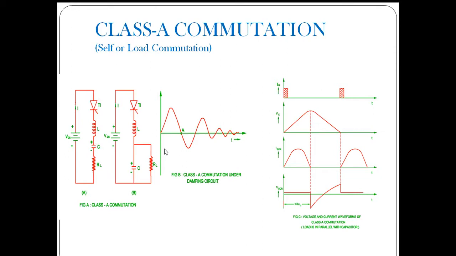The capacitor charges up to the maximum value of the supply voltage, and current flows through the main thyristor T1. When the capacitor is fully charged, the current through the SCR is again zero. Whenever current is flowing, the thyristor acts like a short circuit, so the voltage across thyristor T1 is zero.